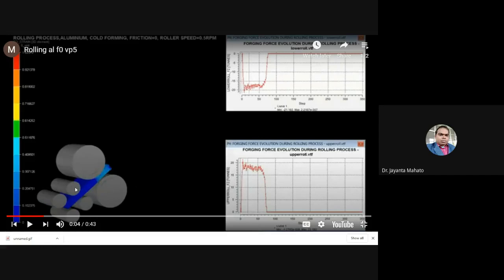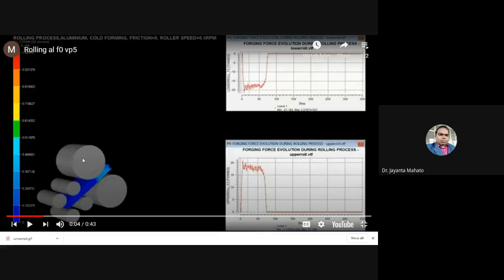So when the material enters between two rollers, a load detector is attached to both rollers.